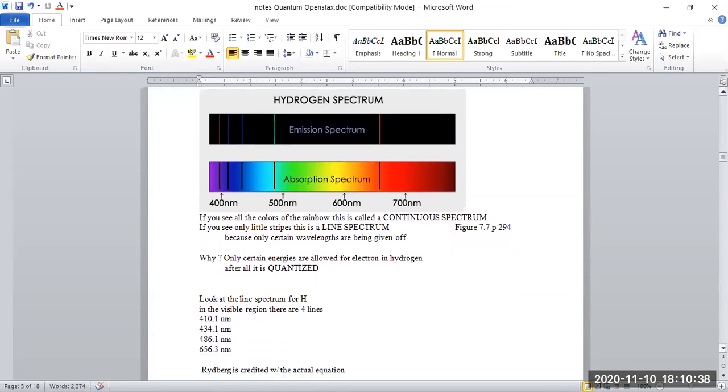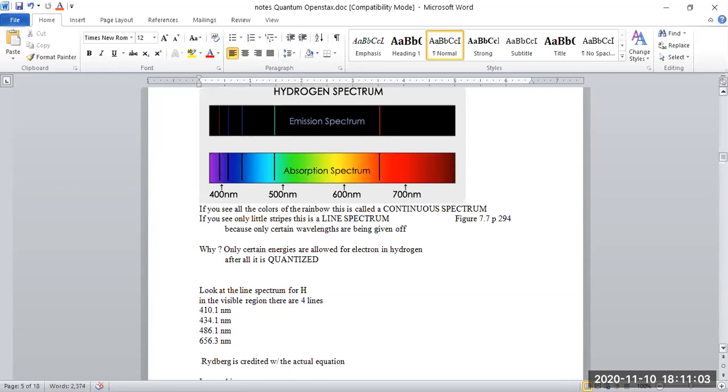If you actually look at the numerical values for the hydrogen, there are 4 designated ones that are usually referred to kind of sort of by name. They have 4 values that are listed there: 410, 434, 486, 656. This is known as the Rydberg series.